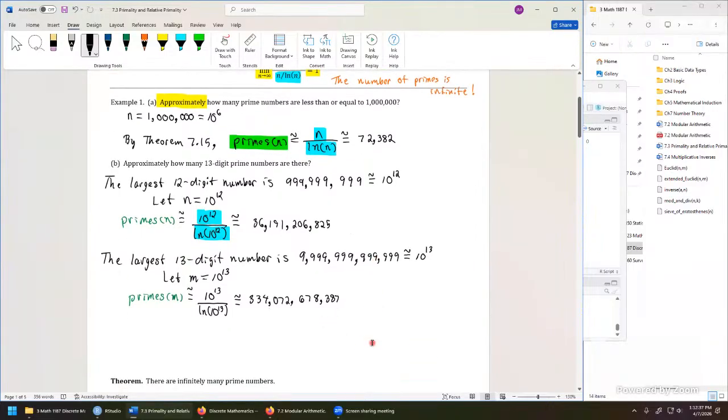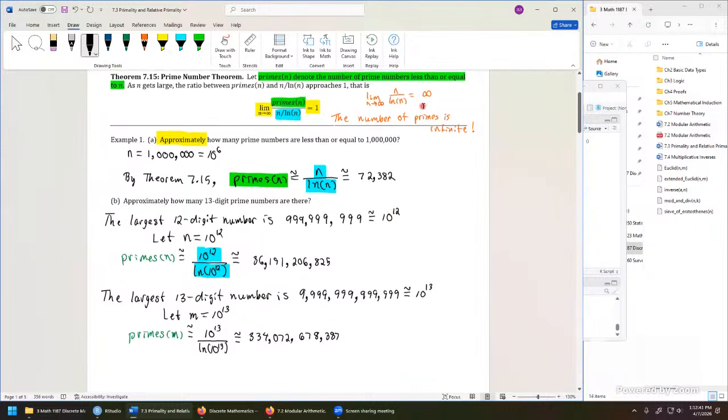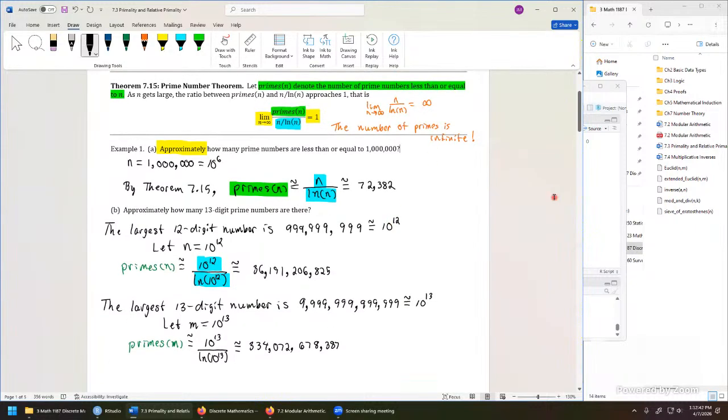Yeah, so in my other classes, we've been doing a lot of step-by-step approximation. So for the primes of n, we would have done 3.6 times 10 to the something as an approximation right there.